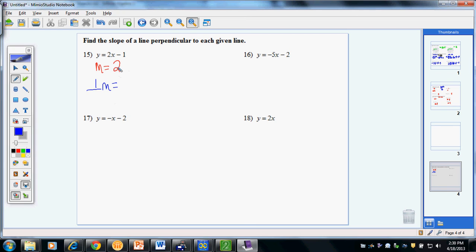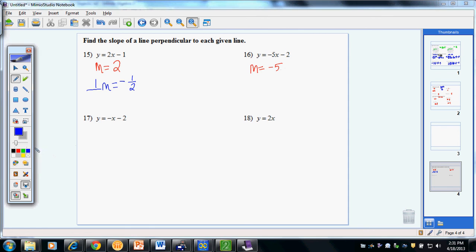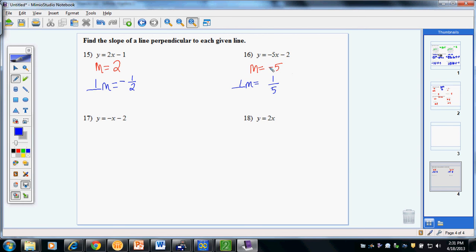The reciprocal of 2 is 1/2, and we'll change the sign from positive to negative. Here our slope is negative 5, so for the perpendicular slope, take the reciprocal of 5, which is 1/5, and change the negative to a positive.